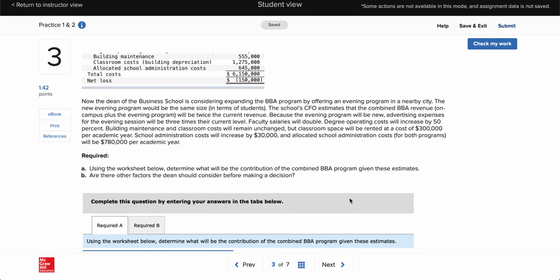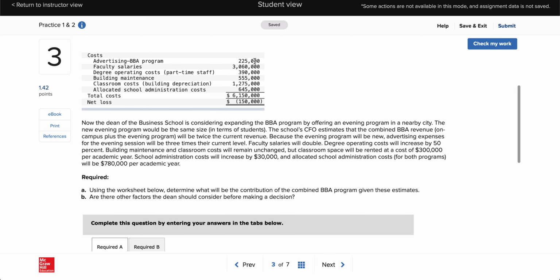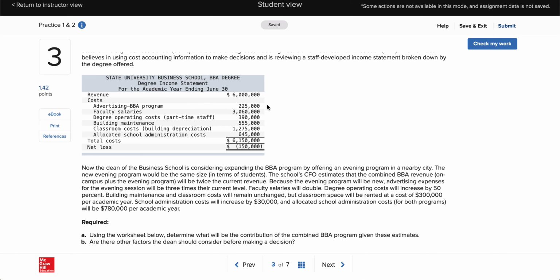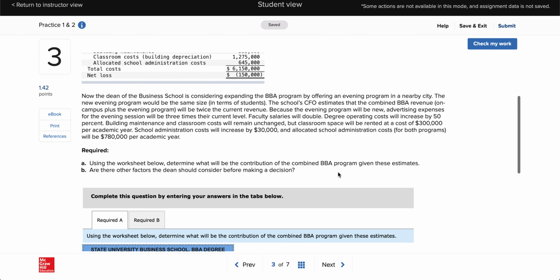And then we go into the cost. This is what we're going to do here: look at all this individual information, bump these numbers, and put the results in the boxes that we see here. As far as advertising is concerned, it tells us that advertising would be 3 times what the current amount is. They word that a little bit funny.